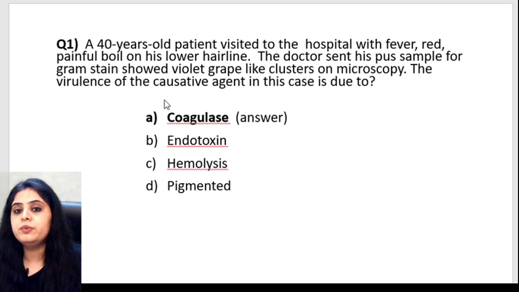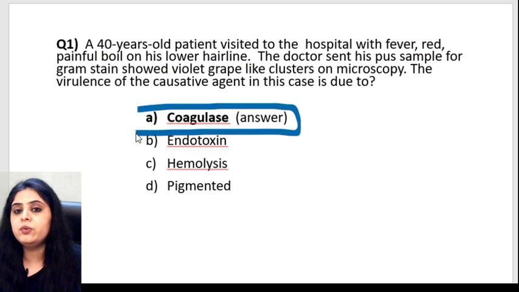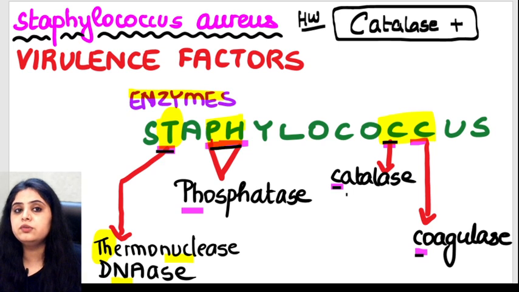We all know we have coagulase, right? So my quick revision: when I'm talking about Staphylococcus, what are the different enzymes that it produces? If I pick up the alphabets from Staphylococcus, I've picked up T, PH and CC. T for thermonuclease.